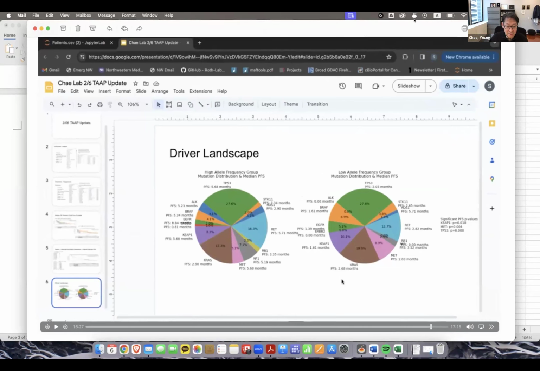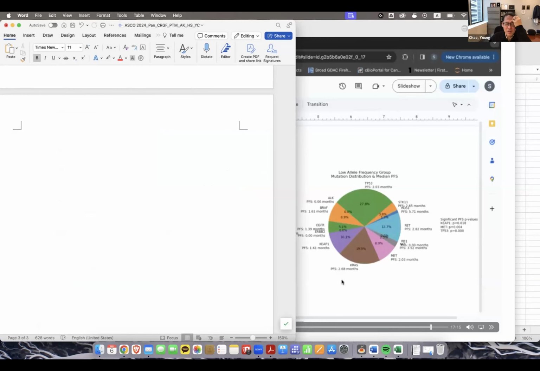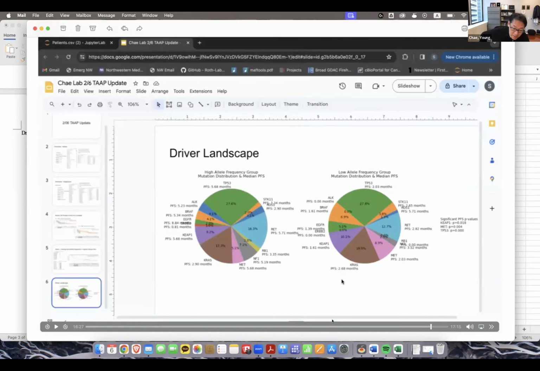I think it's important to describe the distribution of the driver mutations. And I don't know with the lower sample size what it really means, but still, I think it's interesting to show the median progression-free survival here.